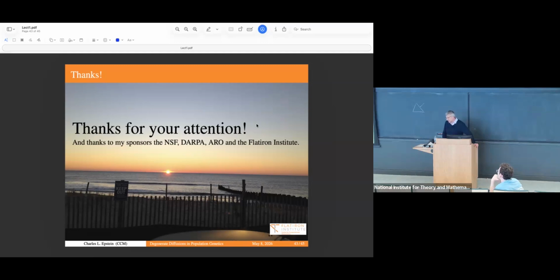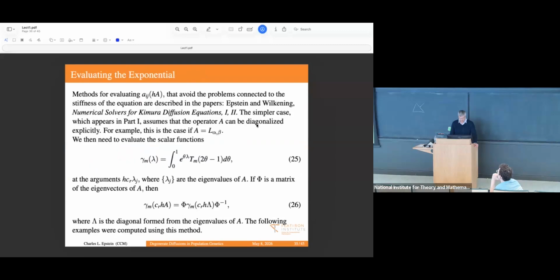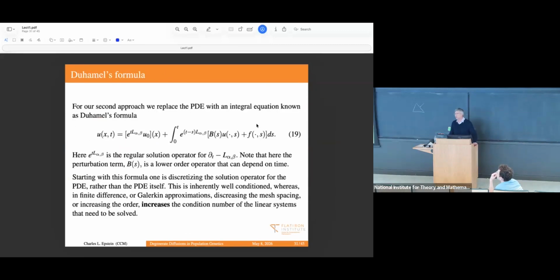Certainly, I should say the Duhamel formula, right? This formula that we started this discussion with is really a very general prescription for solving a lot of different types of parabolic problems. And so it entails being able to compute this operator e to the t L alpha beta.